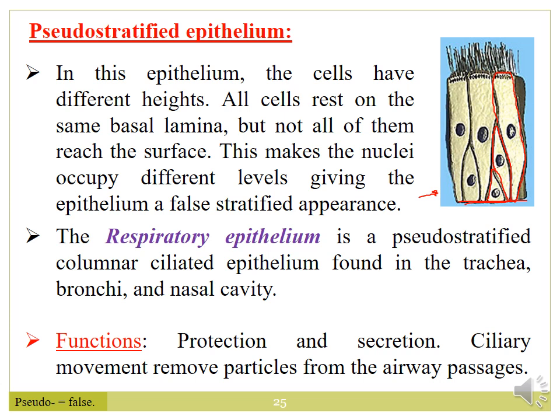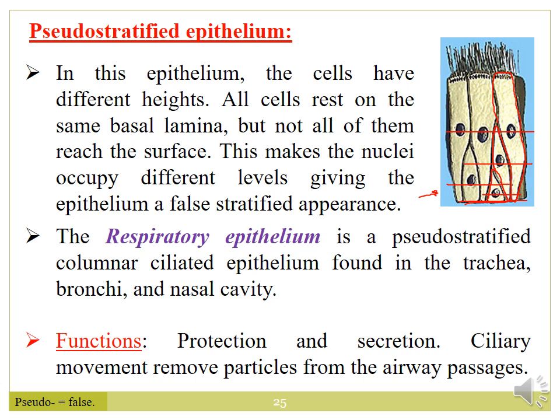But if I look at the nuclei, I can see that they occupy different levels. For example, I have this level of nuclei, this level of nuclei, this level of nuclei, and this level of nuclei. So actually, the nuclei occupy different levels.